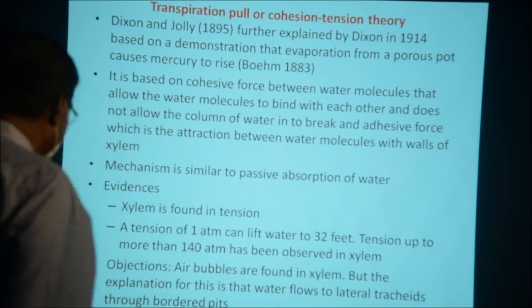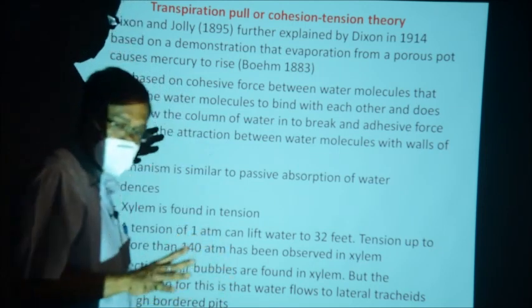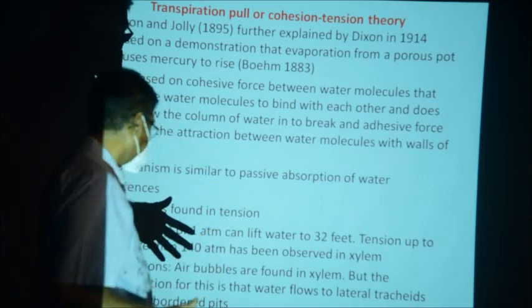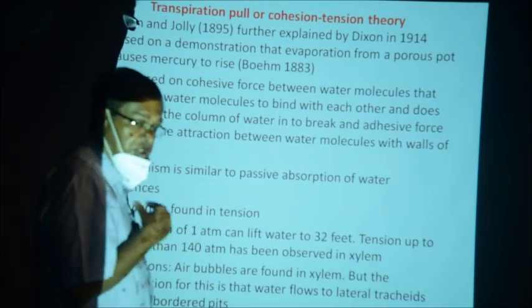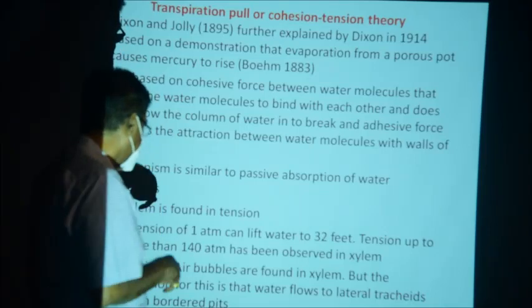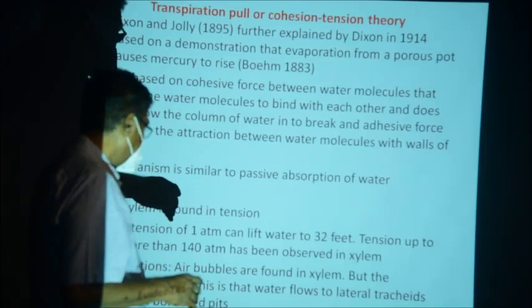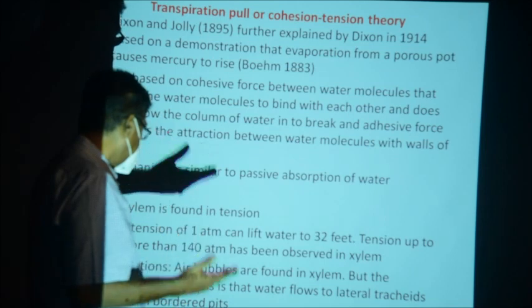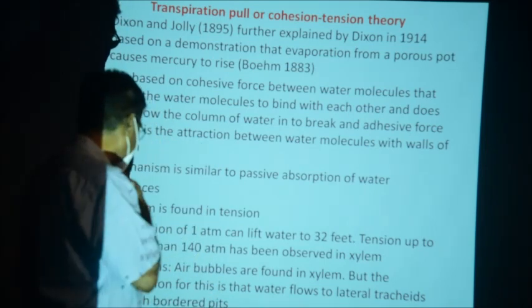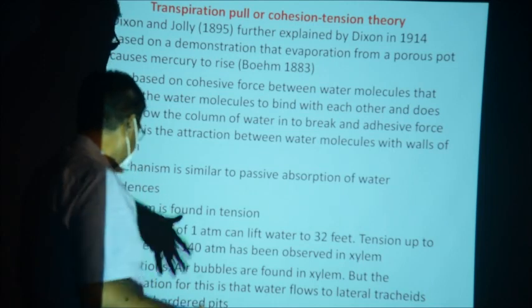Now, xylem is found under tension in support of this. Now, 1 atmosphere, I have already told you, can lift water up to 32 feet, and tension up to 140 atmospheres has been found in xylem.